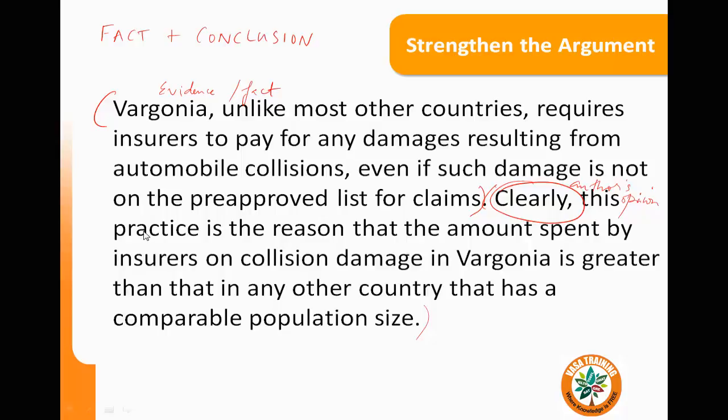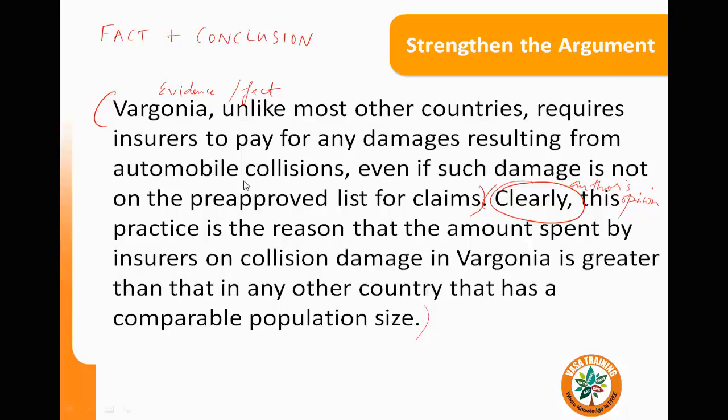Let's simplify it because it's a fairly long sentence. What we want to strengthen is that the reason insurance companies spend more money on collision damage in Wagonia than in any other country is that the insurance companies have to pay for any damage resulting from automobile collisions, even if such damage was not pre-approved.